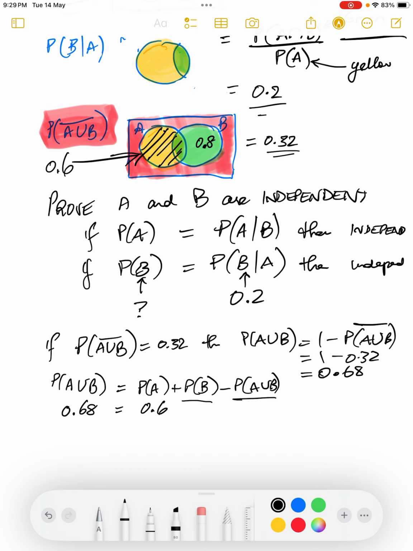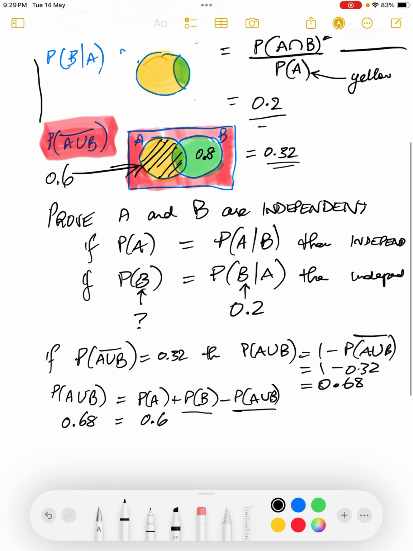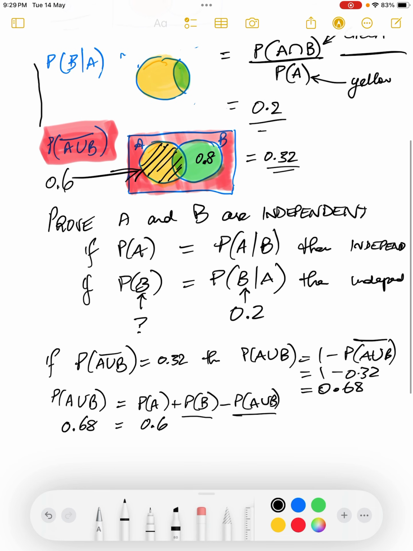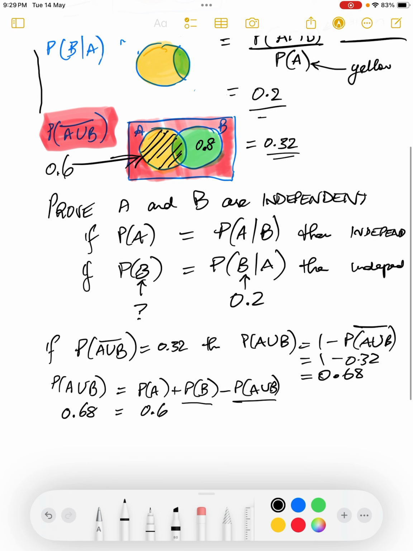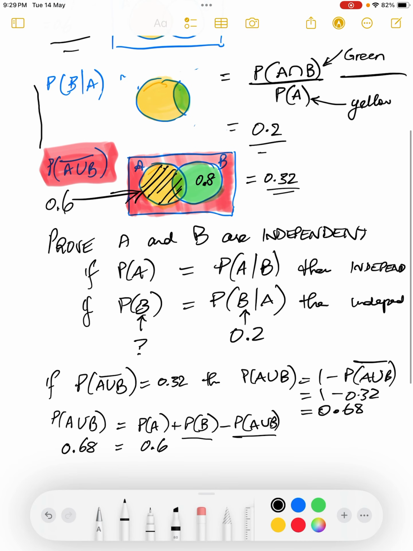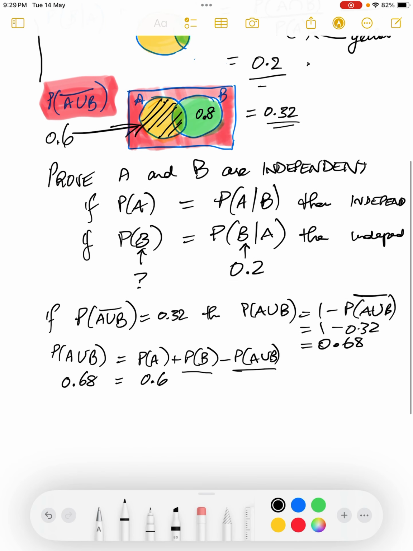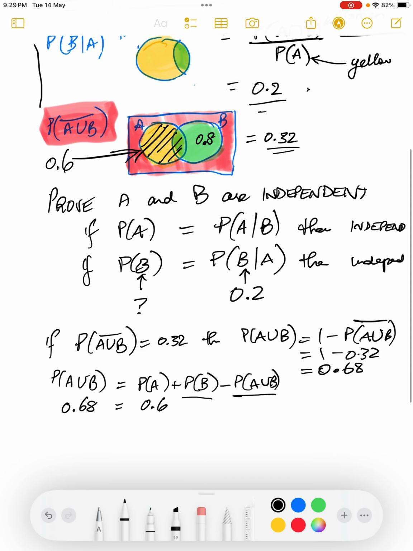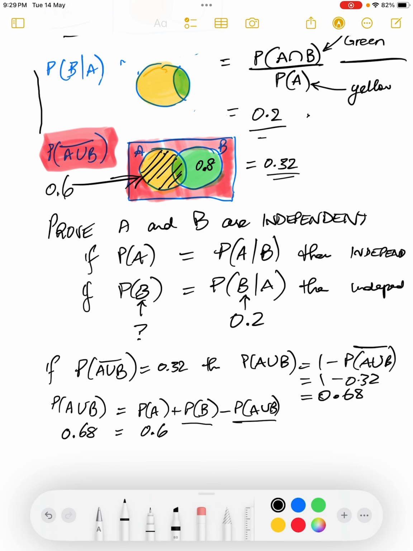We don't know the probability of A intersect B. But what are we looking for? We want the probability of B. Let's go to this equation, 0.2, and see what we can find there.